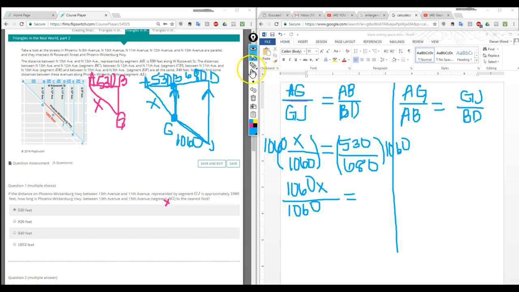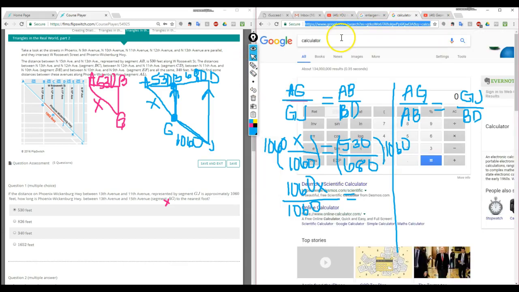So I'm going to type in parentheses 530 divided by 680 times 1060. And the reason why I can type it into my calculator is because all of these are numbers.